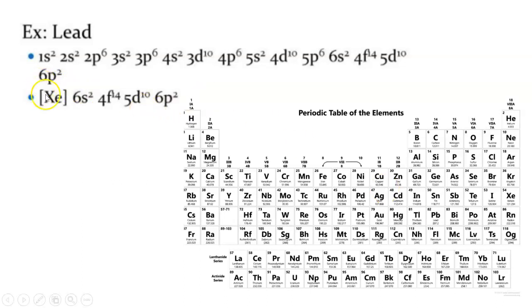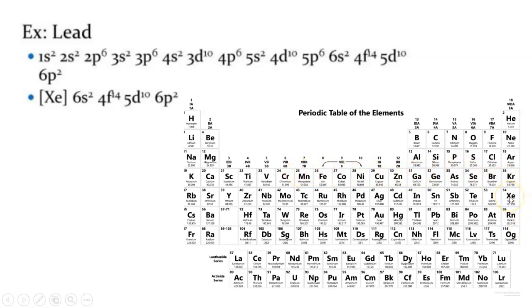So if you look at this one, this is lead. This is how long lead is. This is the shortened version. If you find lead on the chart, it's going to be right past xenon. There's your xenon right here.